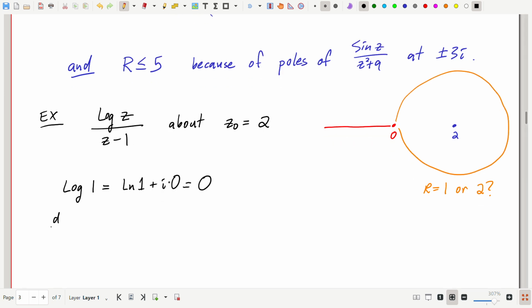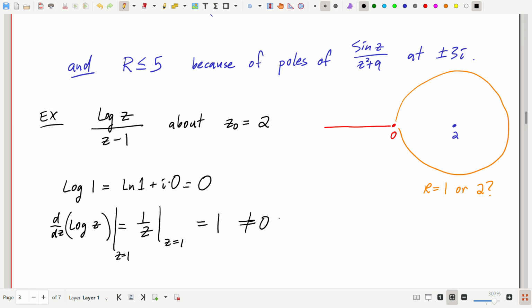And d by dz of log of z is equal to 1 over z. And that's equal to 1 at z equal 1, that would be 1 over z evaluated at z equal 1. That's equal to 1. That's not equal to 0.